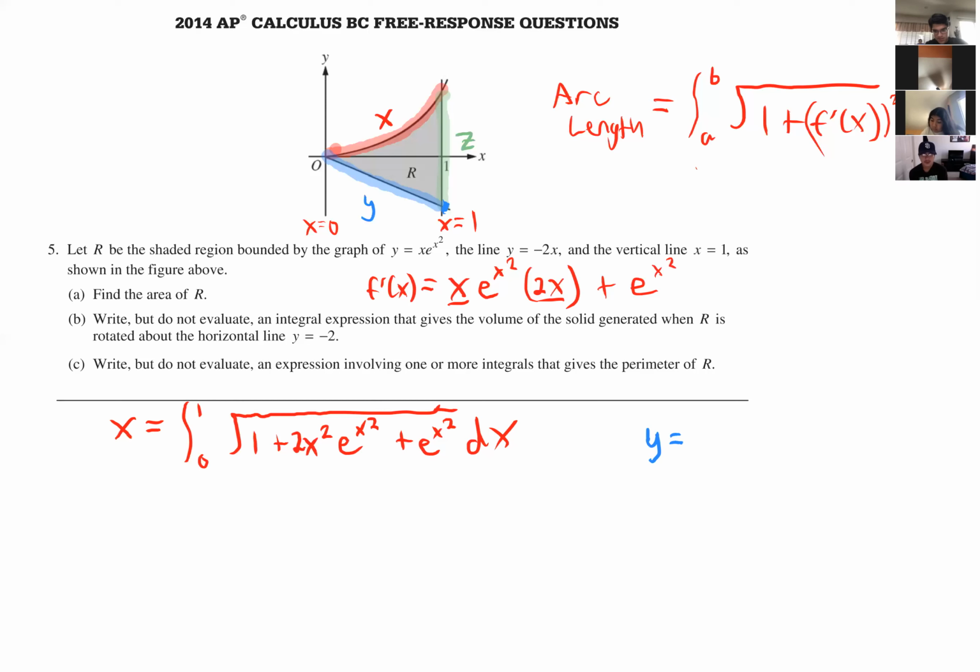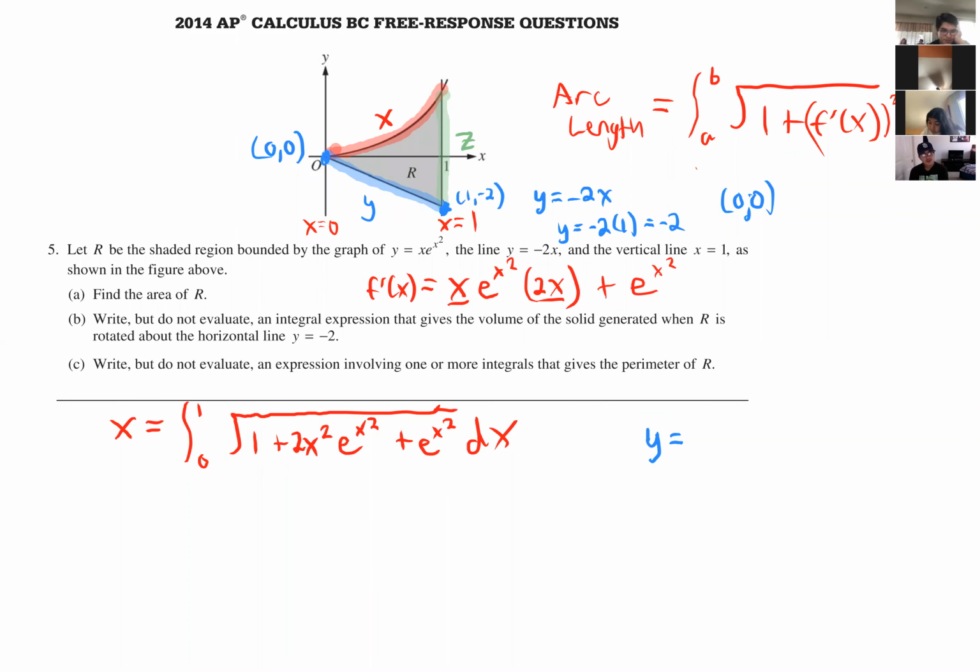So this is y equals negative 2x, and then we're going from 0, 0. So this point is 0, 0. And this point here, you just plug in 1 because you know the x coordinate is 1. So that's going to give you negative 2. So this point down here would be 1, negative 2.